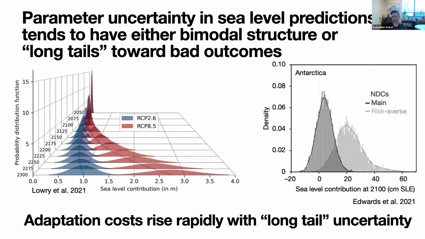And so understanding and quantifying these long tails of uncertainty turns out to be quite important to how much money is spent and how much protection is built against future sea level rise.